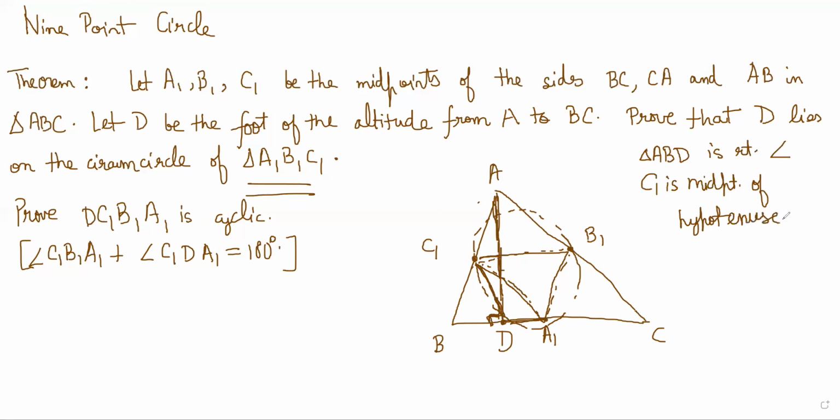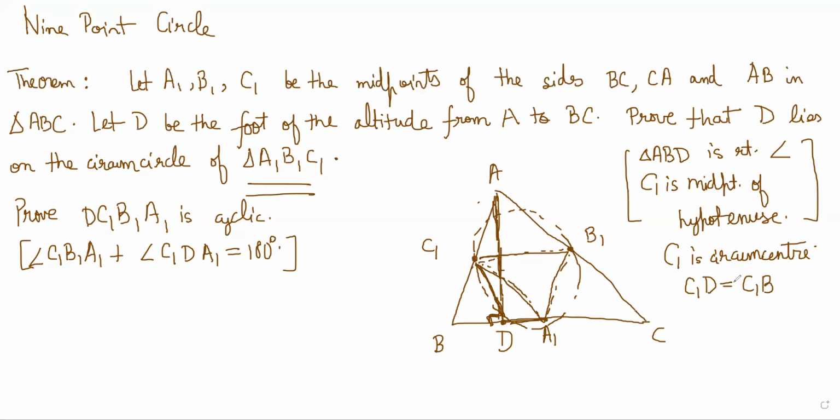In a right angle triangle, the midpoint of the hypotenuse is the circumcenter. So we know that C1 is equidistant from all the three vertices A, B, and D. So C1D should be equal to C1B.